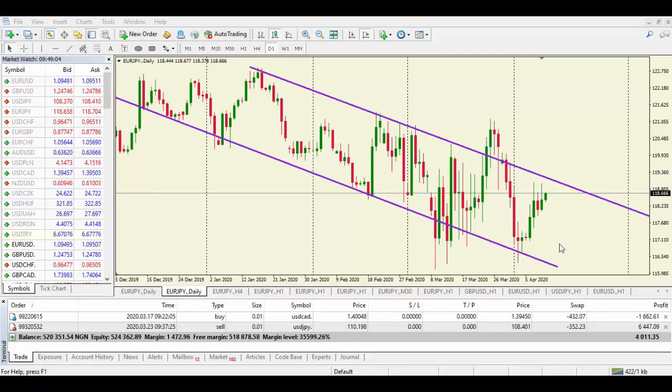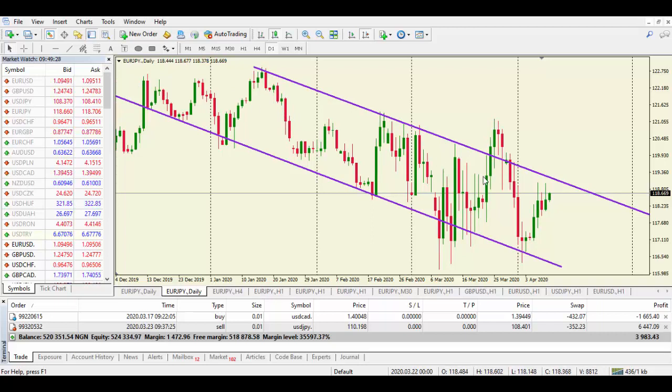Now we're in the MT4 chart for EURJPY, and this is the daily time frame, which simply means each price bar or candlestick represents trading activity on the market for one day. We are looking at this because this is what the big players on the market look at, and from what we can see, the prices are trending downward.